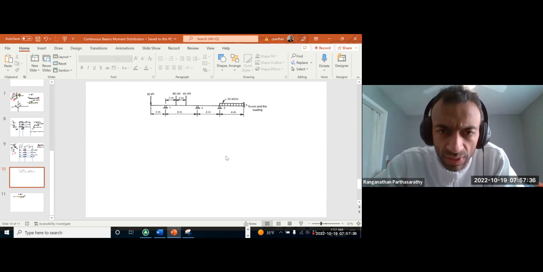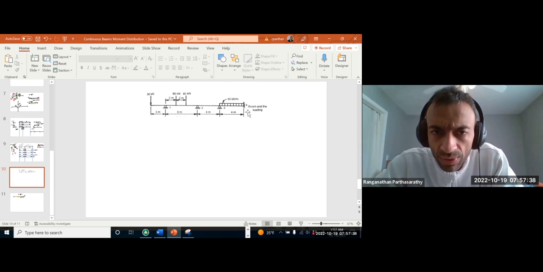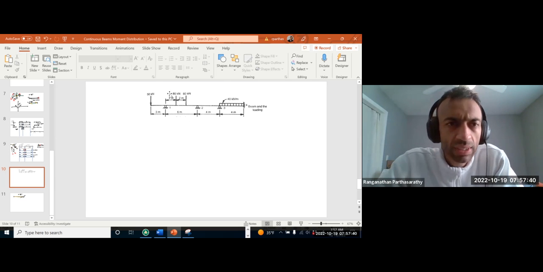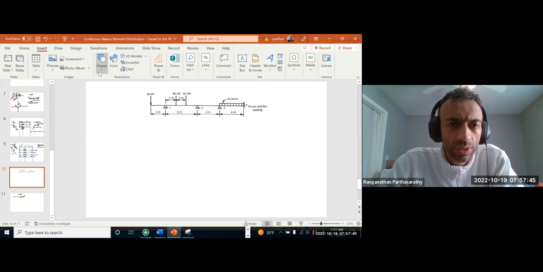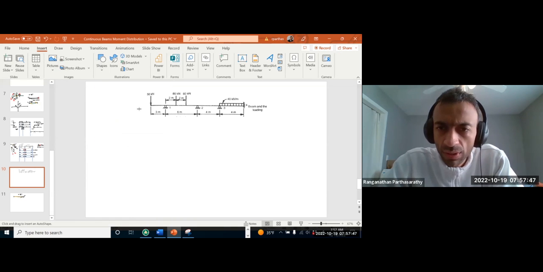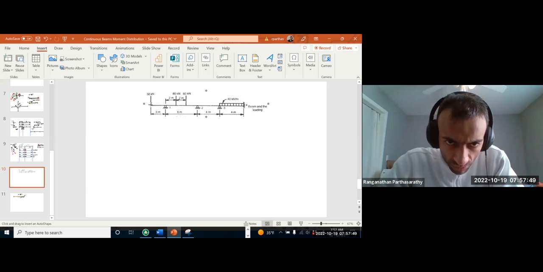So for this one, we have 1, 2, 3 continuous supports.